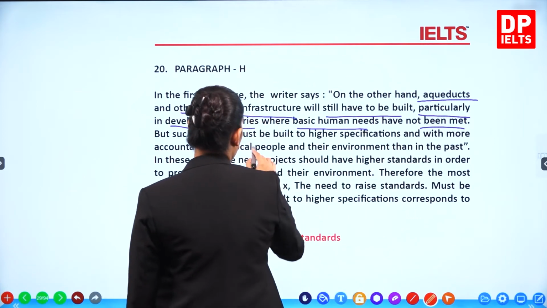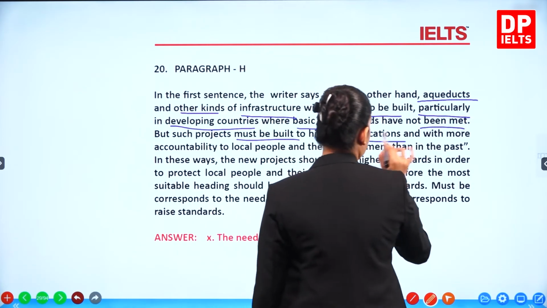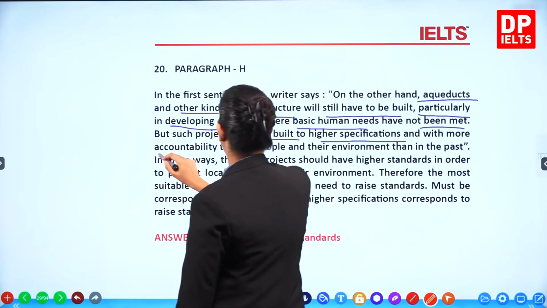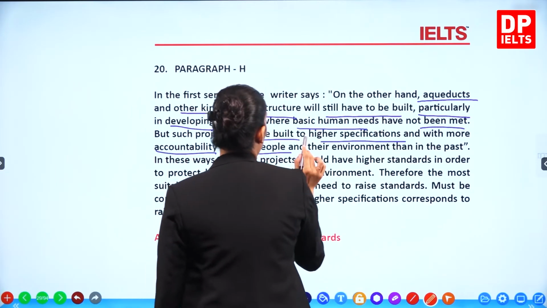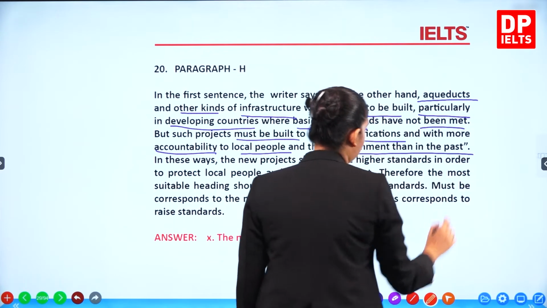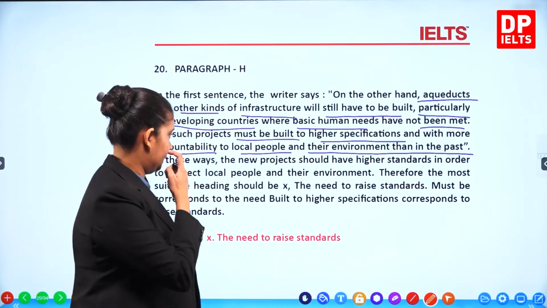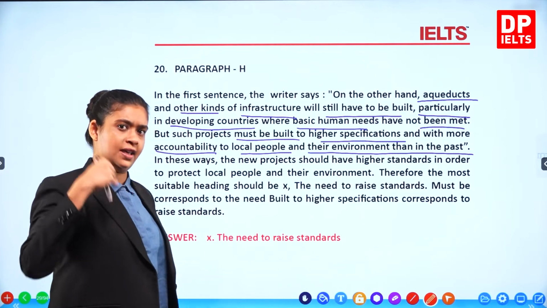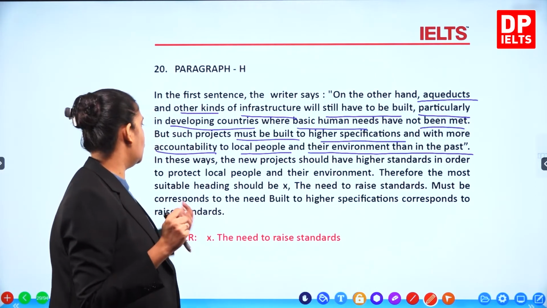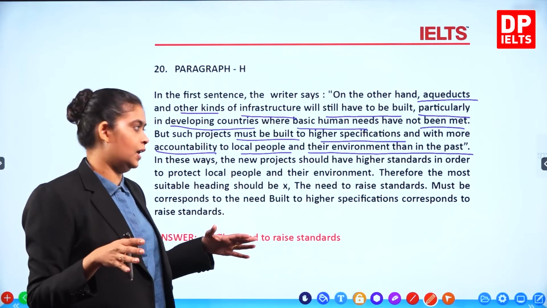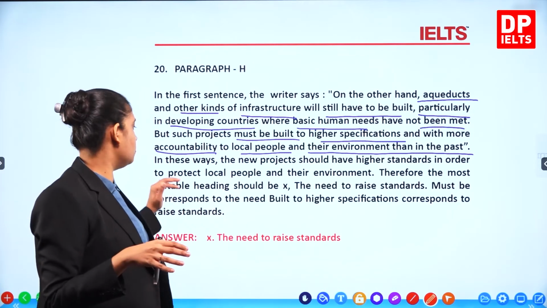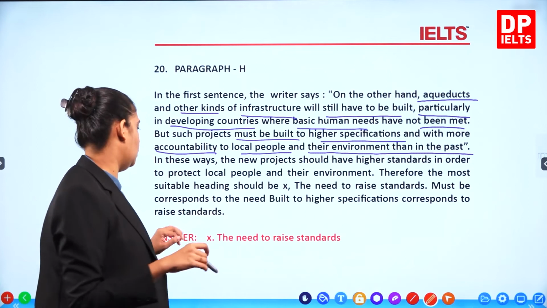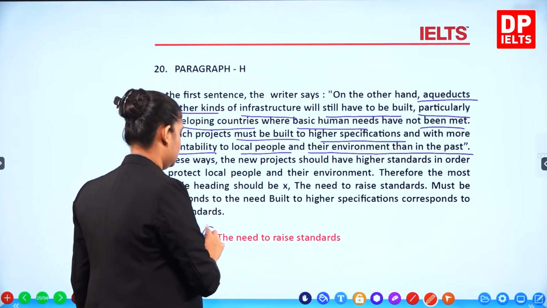But such projects must be built on higher specifications with more accountability to local people and their environment than in the past, right? So in these ways, the new projects should have higher standards in order to protect local people and their environment. Therefore, the most suitable heading would be number 10.